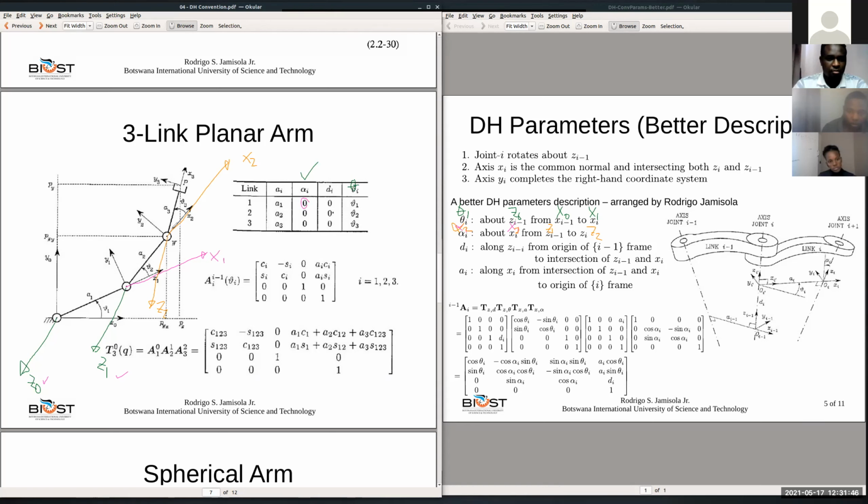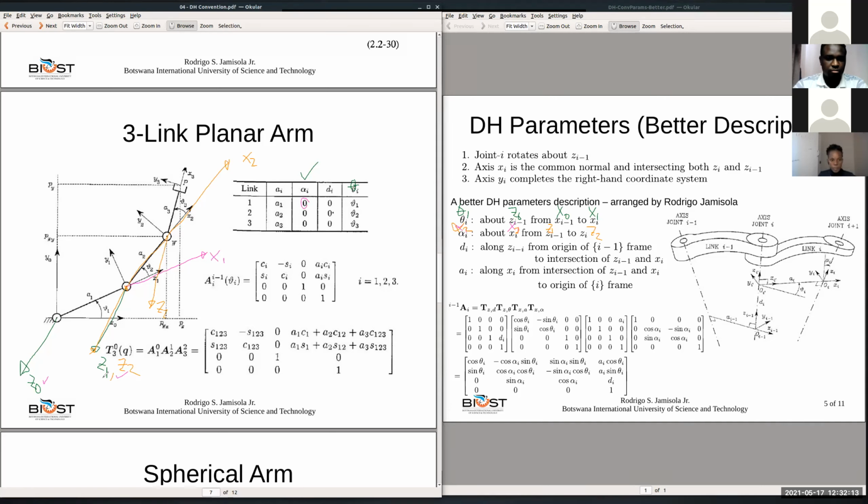This is z2. Let's extend z2. Sorry, this is x2, we extend it up to here. And now your z1 is in that direction, which is also the direction of your z2. So that is z2, and that is also z1.